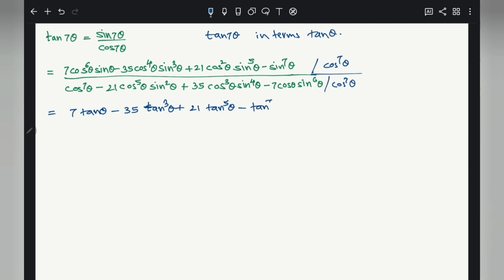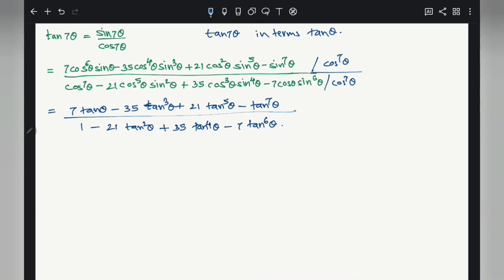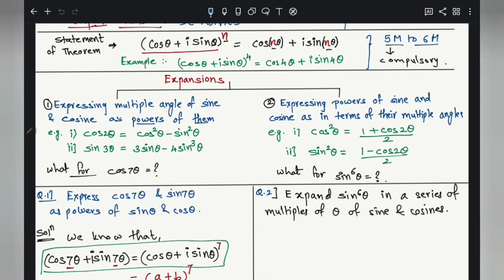Okay, tan^7 theta upon, so like this once you prepare, here it will be 1 minus 21 because sine power is absent, cos will get cancelled. So students, in this way, if tan 7 theta, like that tan theta question is asked, that also we can attempt.